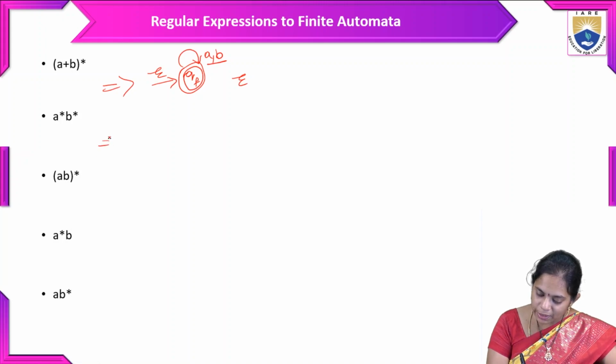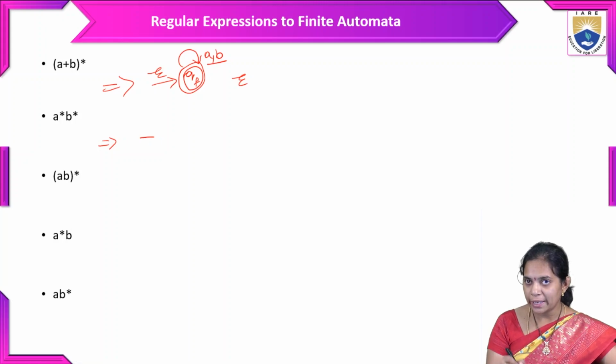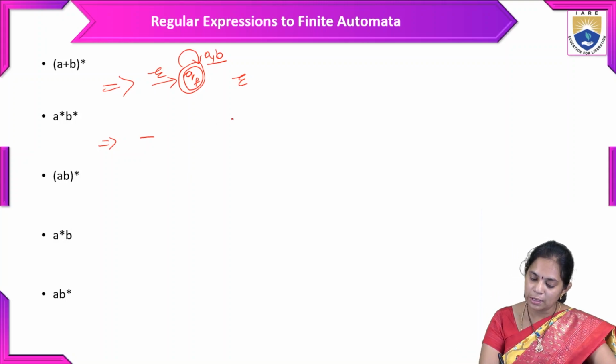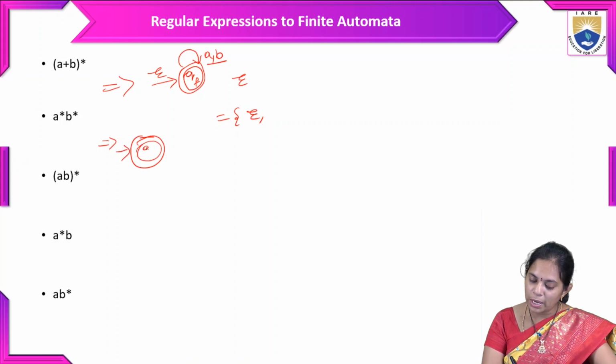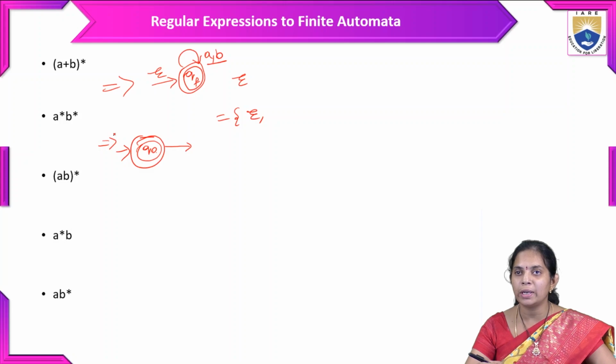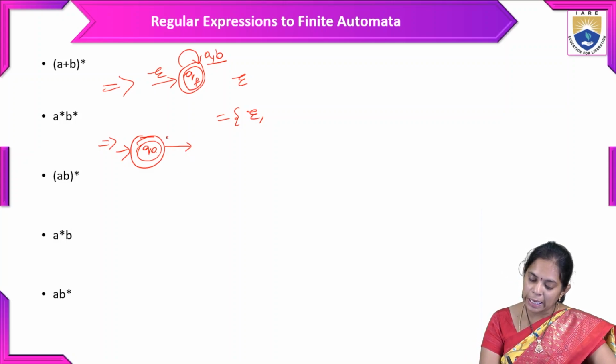Here A*B* is nothing but A followed by B, so A star is there and B star is there. So two things are there. This is an example of a language which has epsilon also. The first step is the final state with the epsilon symbol. We can't write two values for the two final states, so I am giving epsilon as an input symbol, and it is also reaching the final state, that is QF.